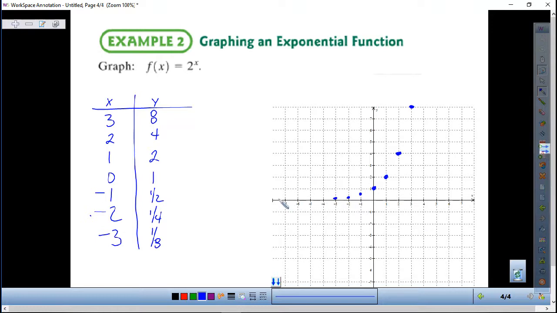And you can kind of see what's happening here. As you get further and further on, it starts growing and growing and growing.